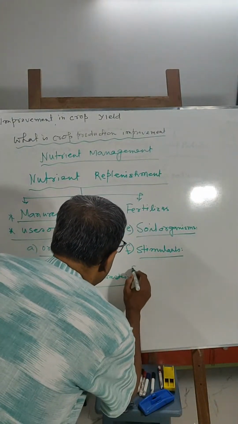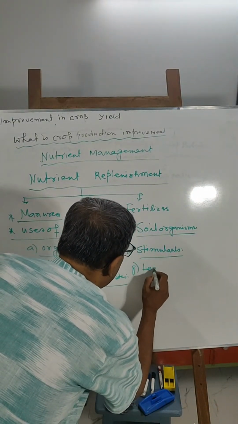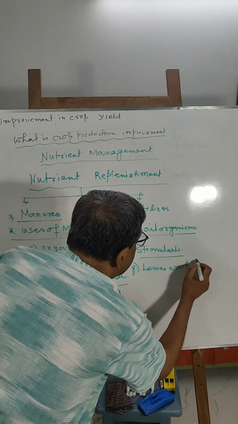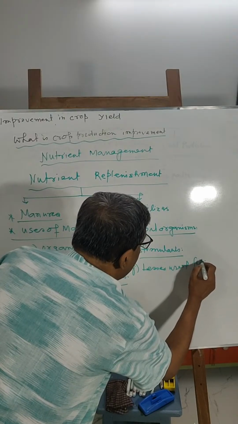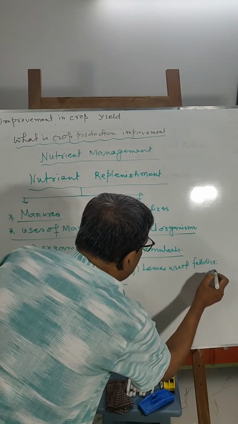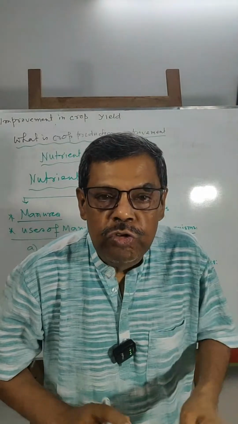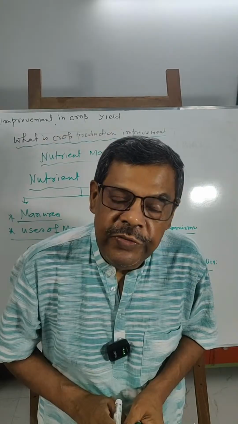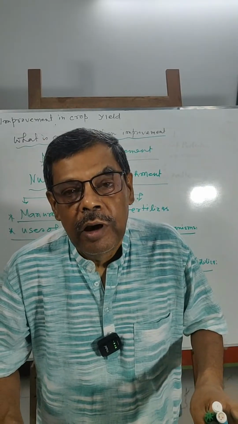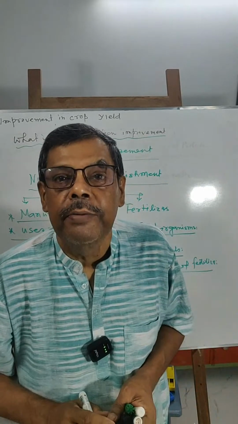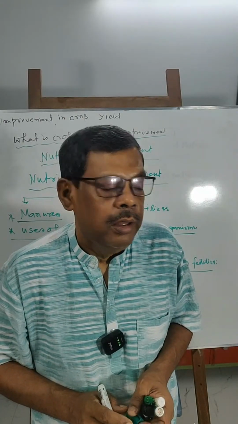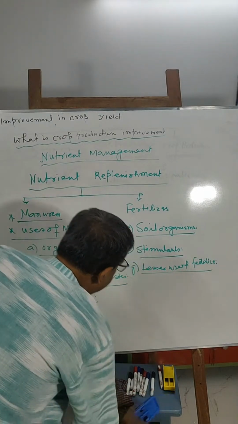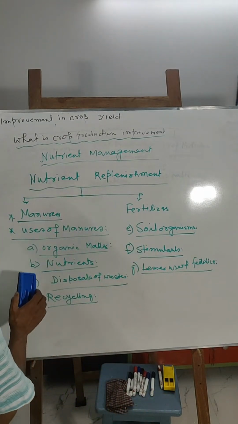Next, G, less use of fertilizer. Manures reduce the dependency on fertilizer, which is otherwise harmful to our environment. This is the usage of manure, which improves crop production.